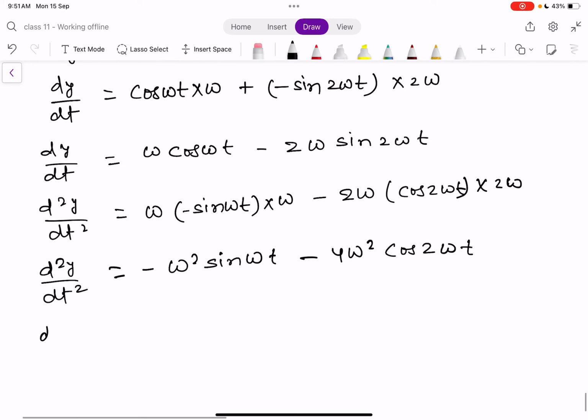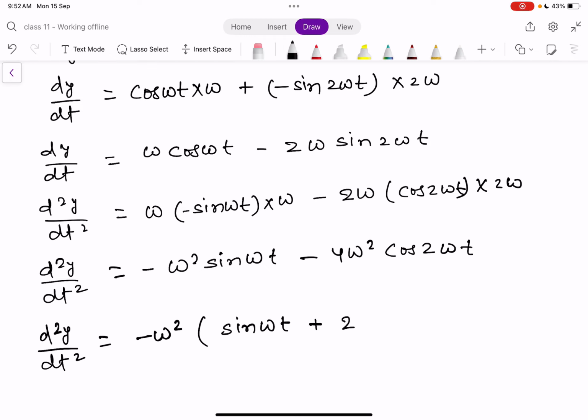Taking minus omega square as common, this will be sin omega t plus 4 cos 2 omega t.